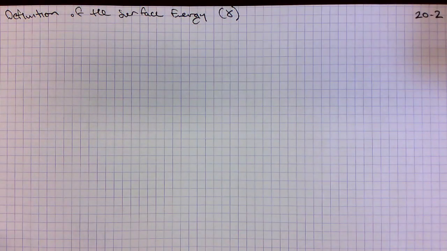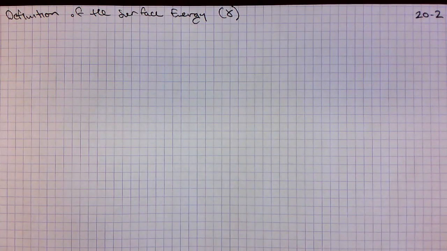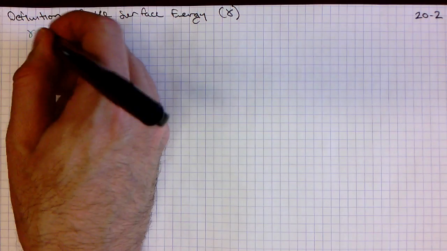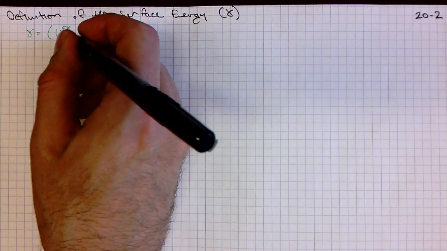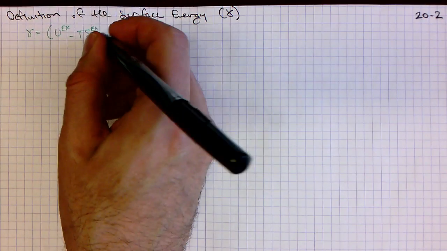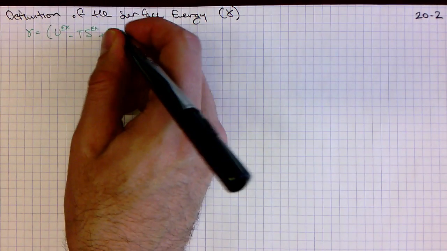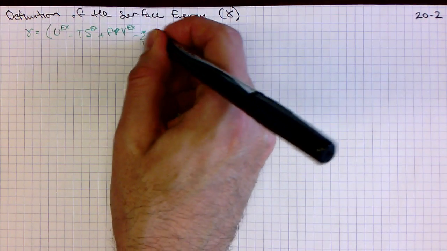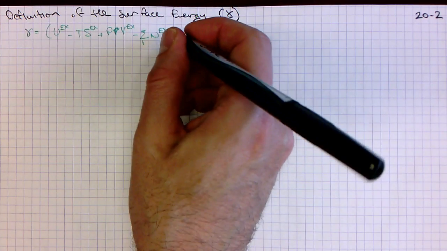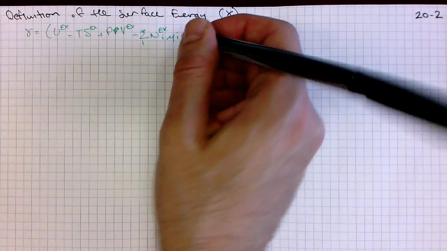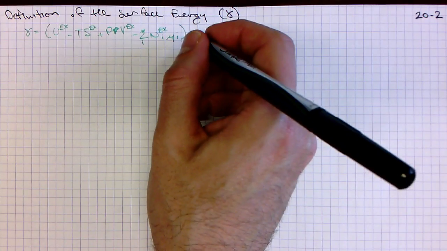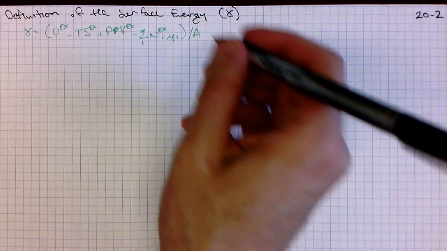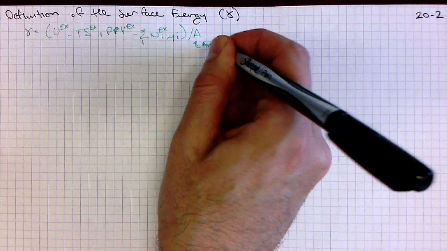In the previous set of notes, we had defined gamma as being the excess energy minus T times the excess entropy plus P times the excess volume minus the sum over i of the excess number of species i times the chemical potential of i, over the area. And this is the area of the interface.